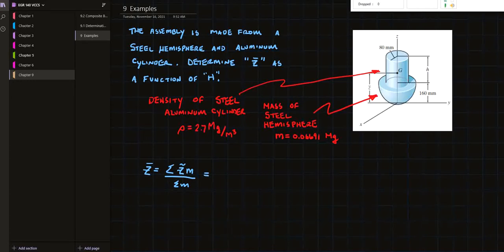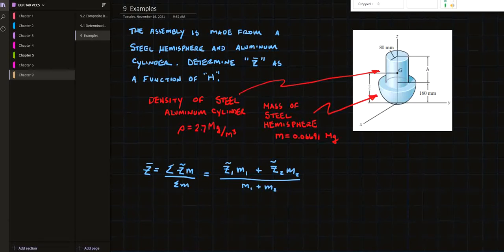So we only have two different materials here, so we're going to have a z alpha 1 and a mass 1 plus a z alpha 2 and a mass 2. And then we're just going to sum the two masses, mass 1 plus mass 2.